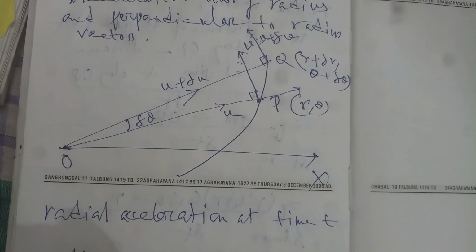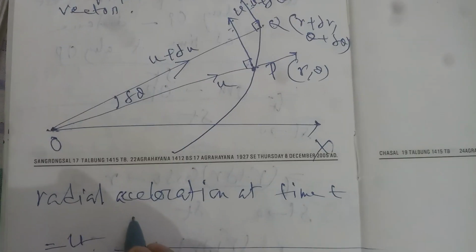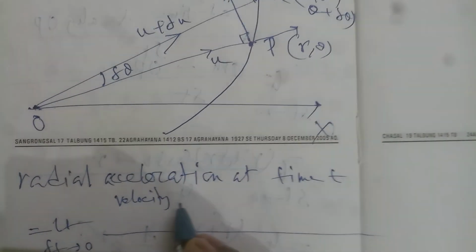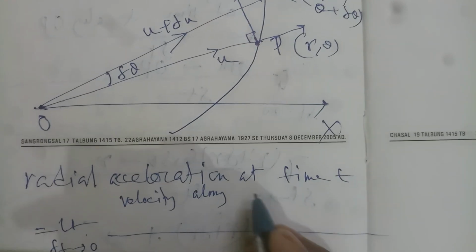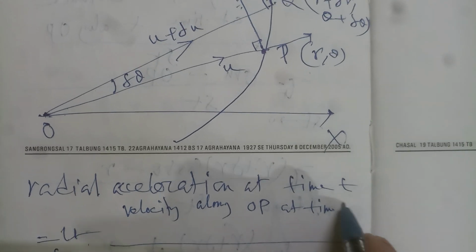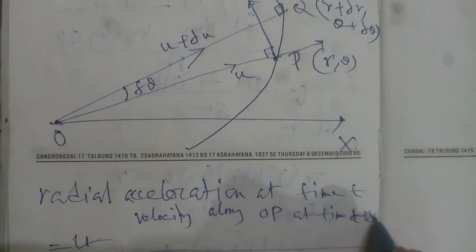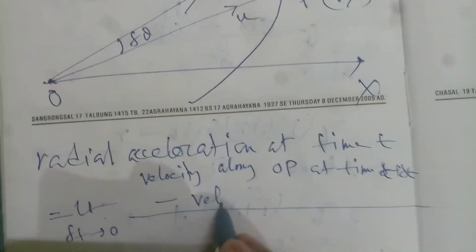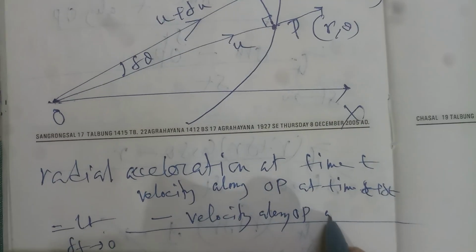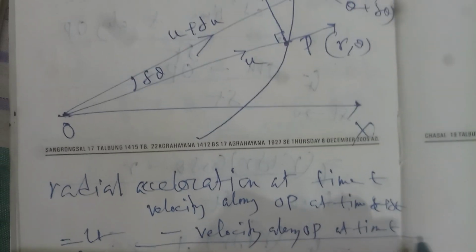So it will be the velocity along OP at time t plus delta t minus the velocity along OP at time t.